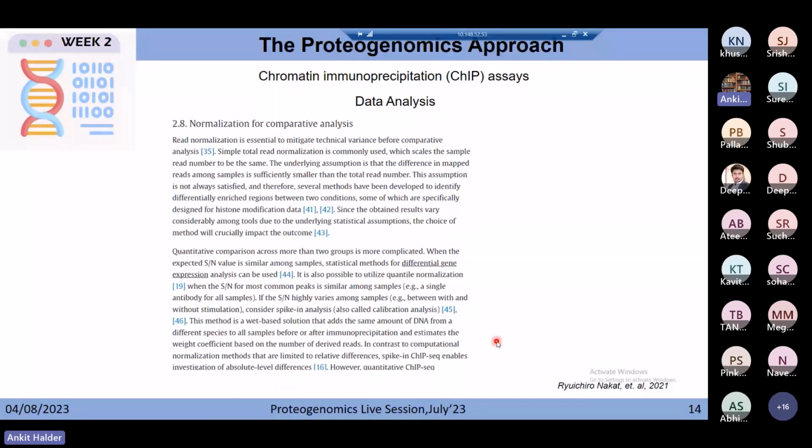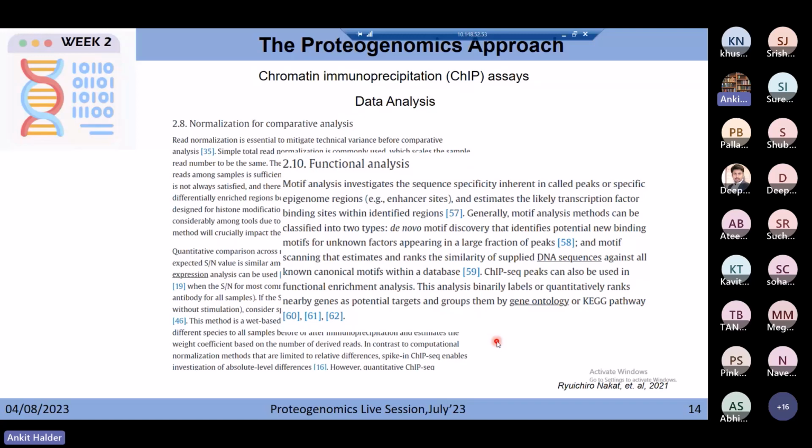If we compare condition A and condition B, we should keep in mind that the comparison can only be done when both sets are on the same parameters. That's why normalization can be done for the peaks, to analyze what the difference is between these conditions in the loci regions of those particular DNAs in epigenomics.